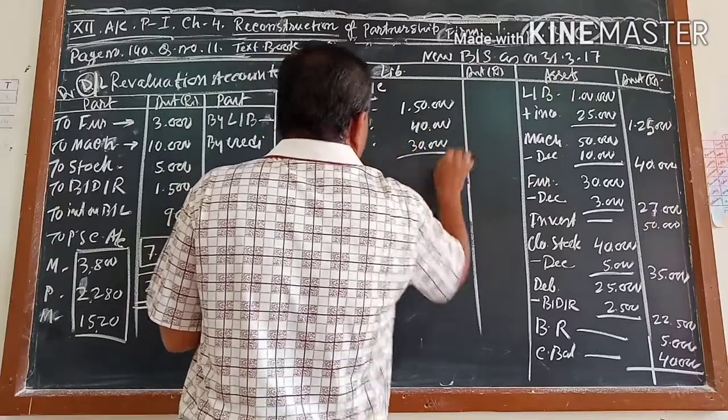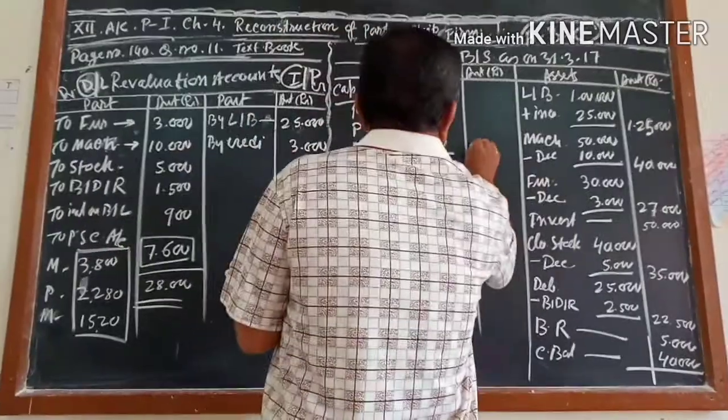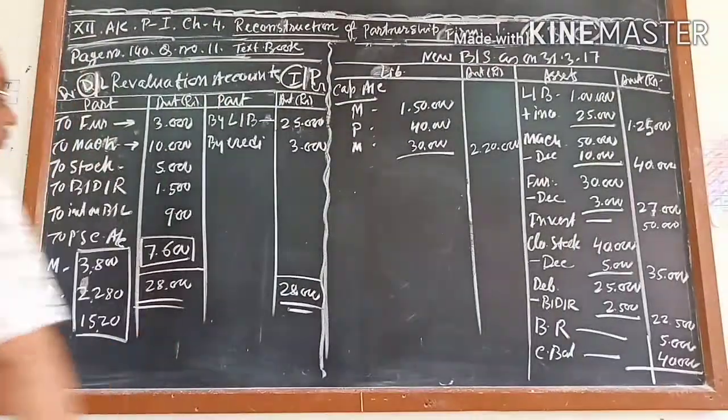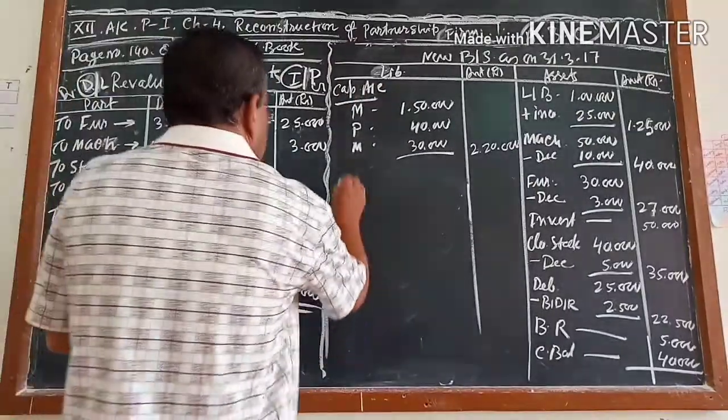That I can write from your book only. 220. No change, because the change will come in the current account, not in the capital account.